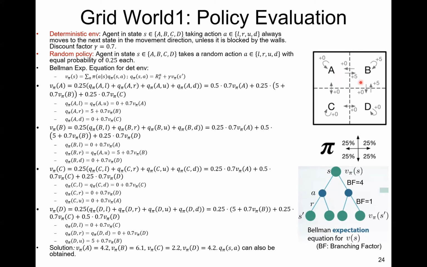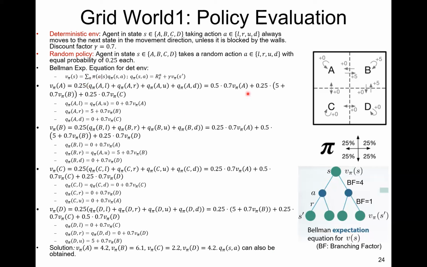So you can write out the V in terms of the average of all the possible actions. Here's the weighted sum of all the possible actions weighted by the probability of taking the action from state S. In here, the probability is equal in all 4 directions, so you always have 0.25 in front.